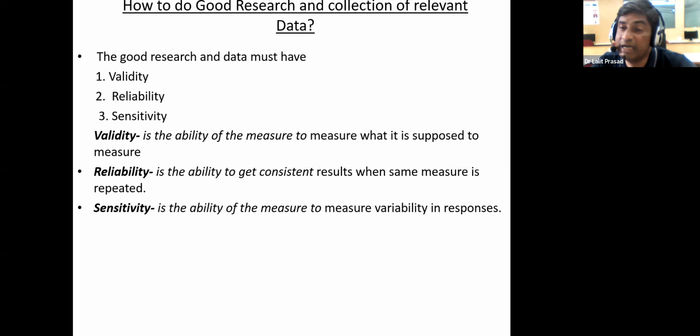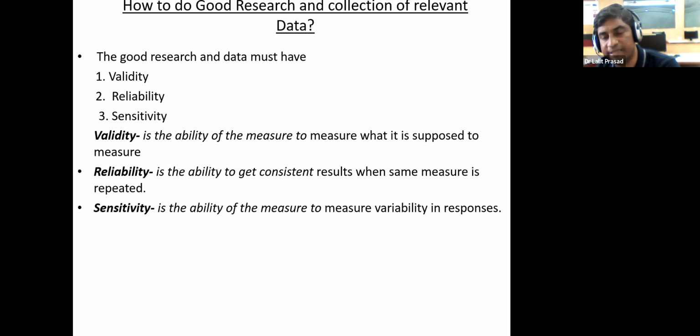If someone has already developed an instrument related to emotional intelligence, spiritual intelligence, intelligence quotient, and so many things are there. So if these instruments are already valid, then you can use them by referring to them. Suppose it is in a foreign country context, you have to see if that particular instrument is applicable in India or not.